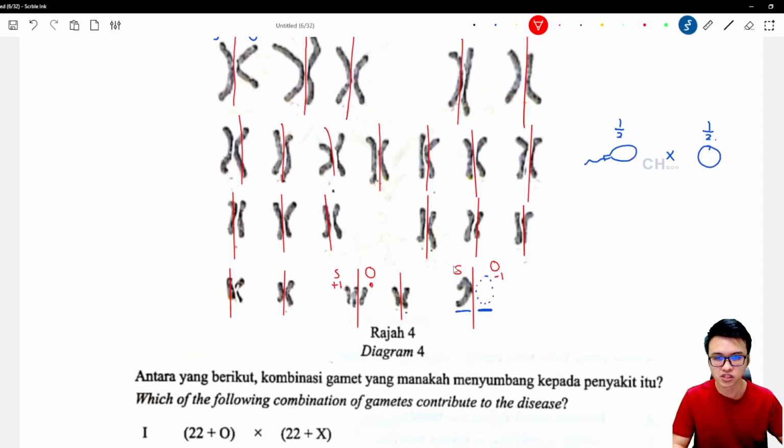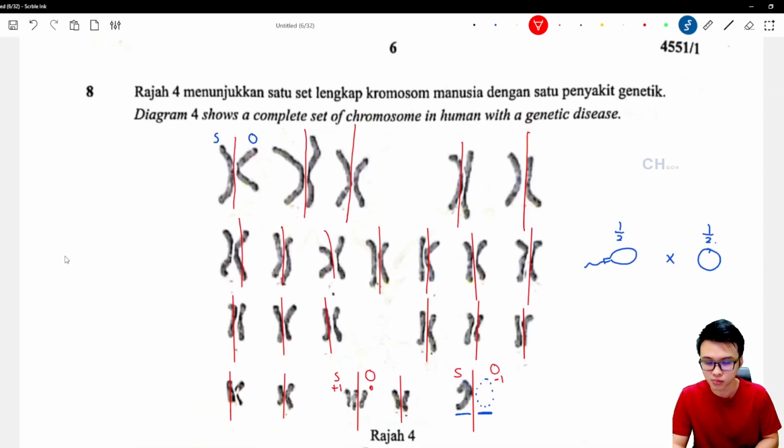Right now we pretend we are having the first set. Inside the sperm, it should have 1, 2, 3, 4, 5, 6, 7, 8, 9, 10, 11, 12, 13, 14, 15, 16, 17, 18, 19, 20, 21, 22, 23. So it should have 23 chromosomes, plus 1 X sex chromosome.